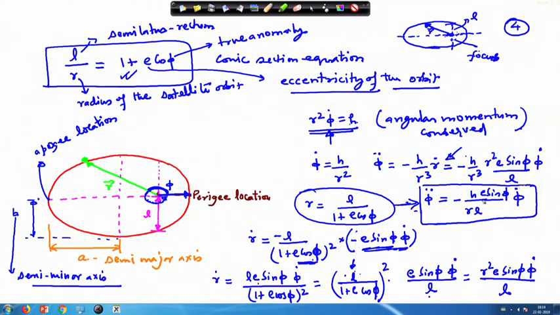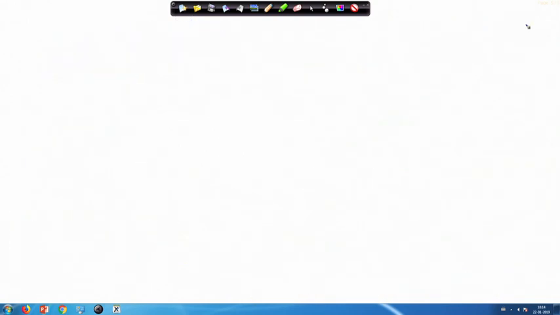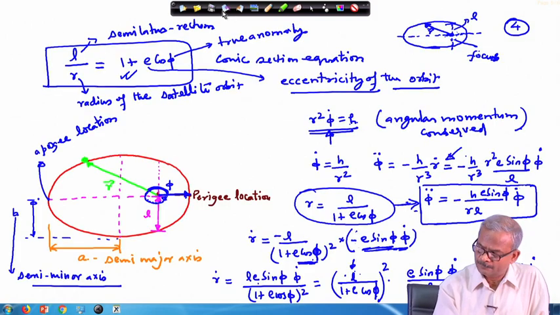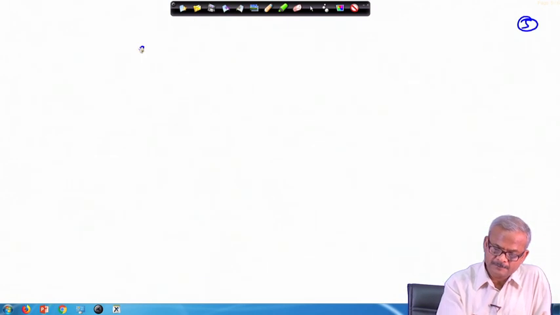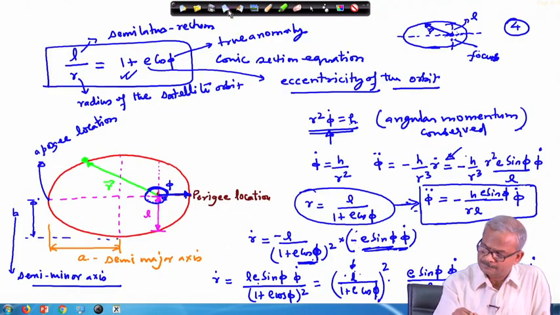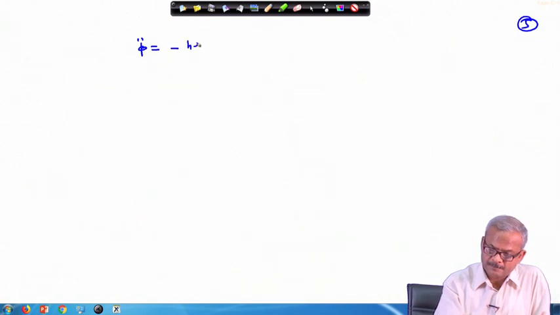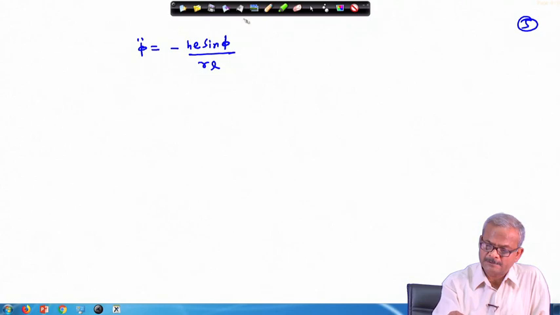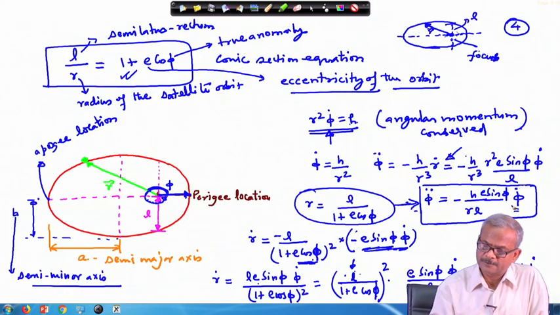Some more simplification we can do to this equation, so I will have to go to the next page. We have phi double dot equal to minus h e sin phi divided by r times L, and then phi dot.